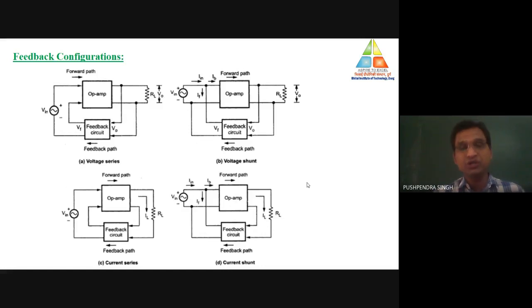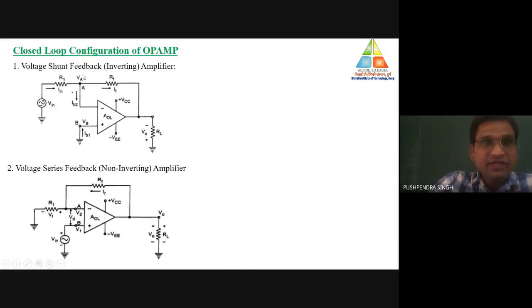Whenever we want to reduce the value of gain, it must be connected to the negative terminal. So as per the closed loop configuration of the op-amp, there are 2 feedback connections. One is called voltage shunt feedback, and voltage shunt is also called an inverting amplifier.